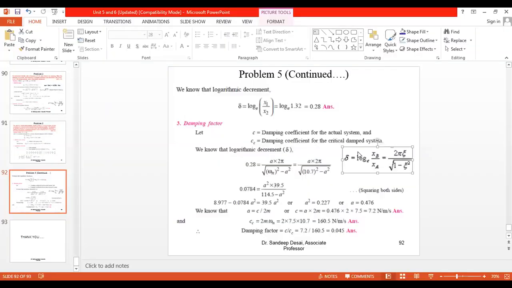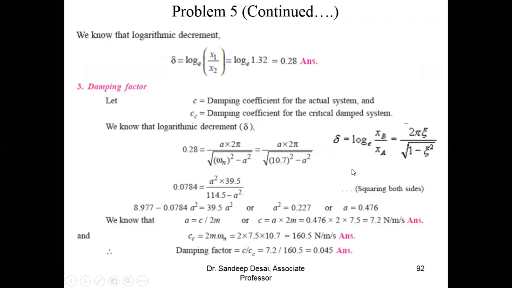Delta is equal to, use this expression for delta. Delta is equal to 2 pi zeta divided by under root 1 minus zeta square. You know delta. Only unknown is zeta. Solve this equation for zeta.